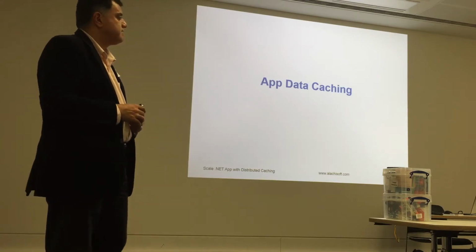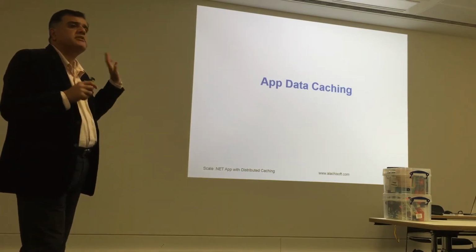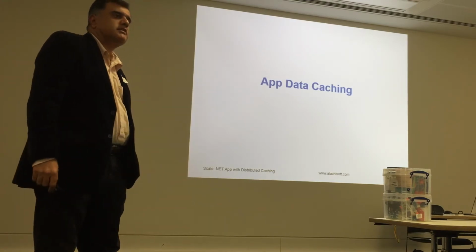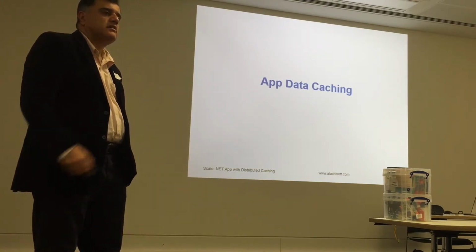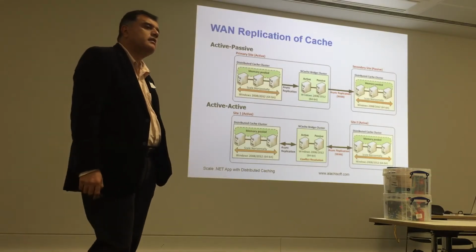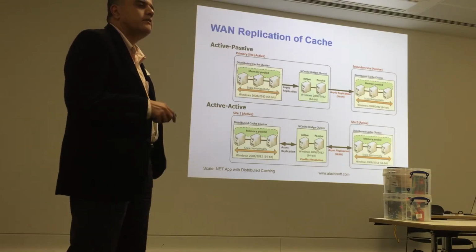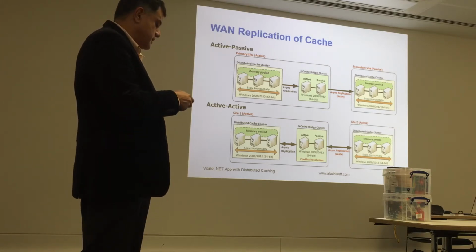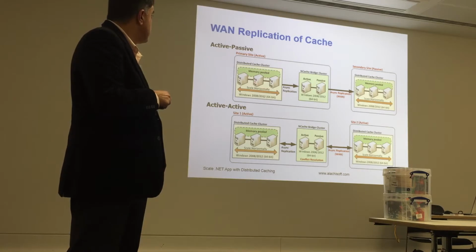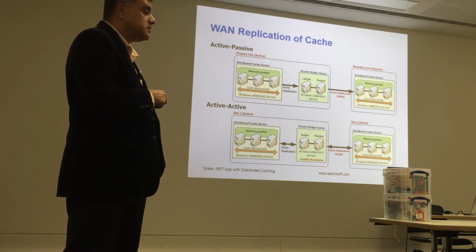Okay. Any questions up until now before I go into the application data caching? Go back. This async replication, underneath the mechanism, is it a TCP connection or is it the shared memory? It's all TCP. It's a socket. This is also all TCP.